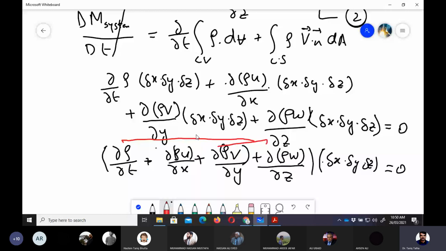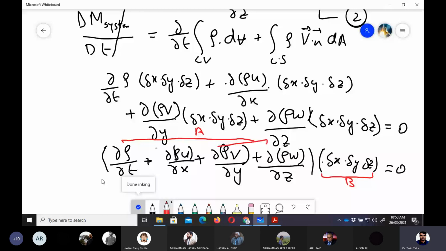Now we know that the differential volume for a fluid element cannot be 0. So it means that the term being multiplied, which we call the A term, is making this equation equal to 0.